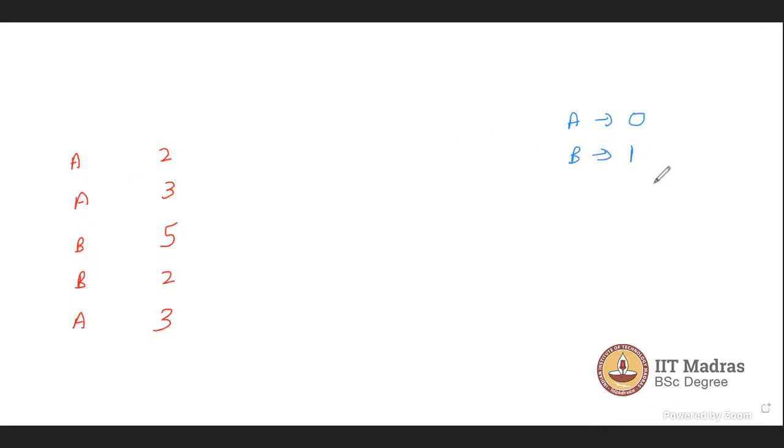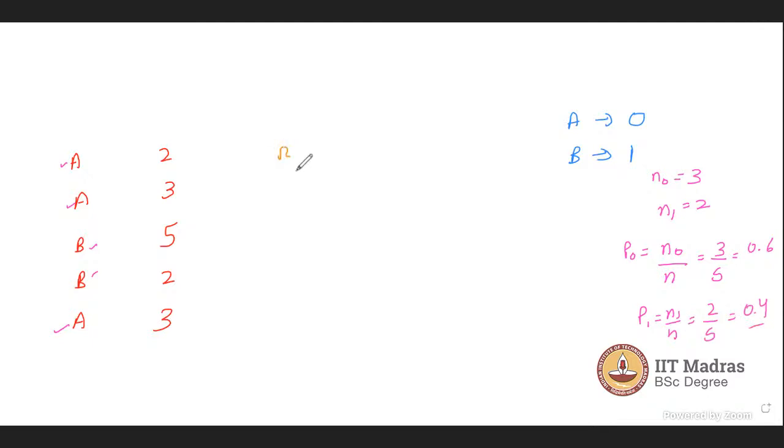The number of observations in category 0 is 3, and for category 1 it's only 2. Then P naught is the number of observations belonging to category 0 upon the total number of observations, which is 3 by 5 or 0.6. Similarly, P1 is 2 upon 5, which is 0.4.